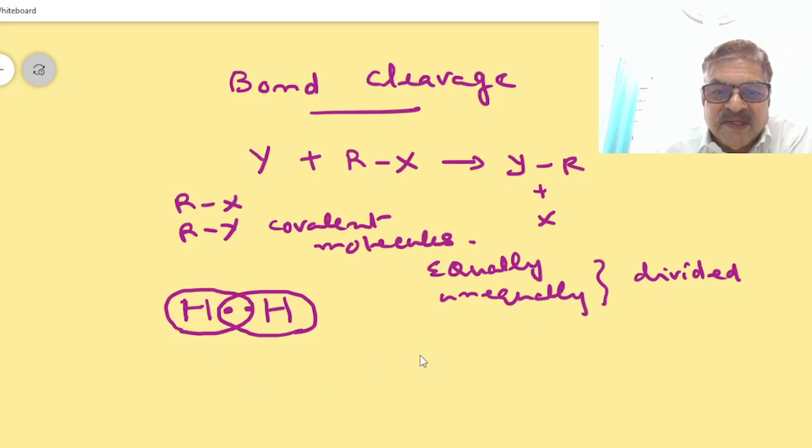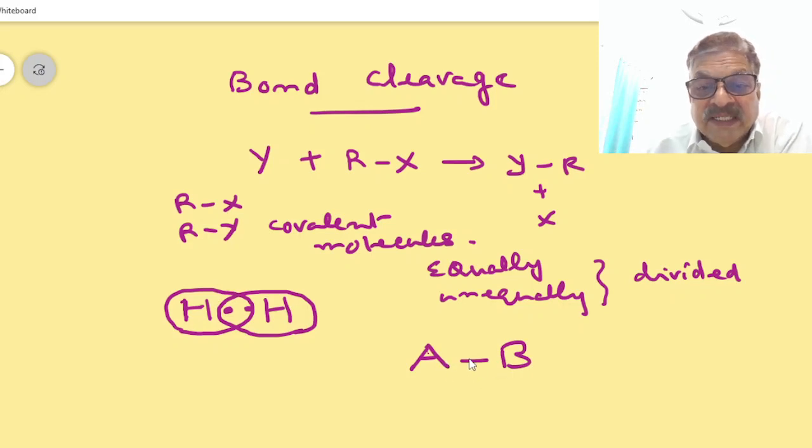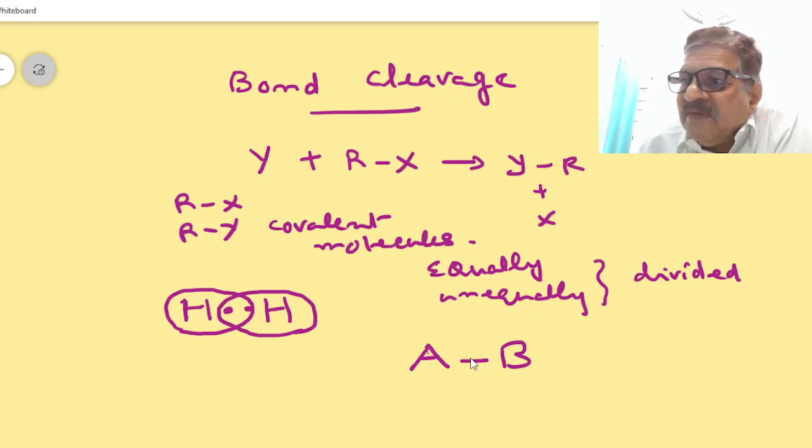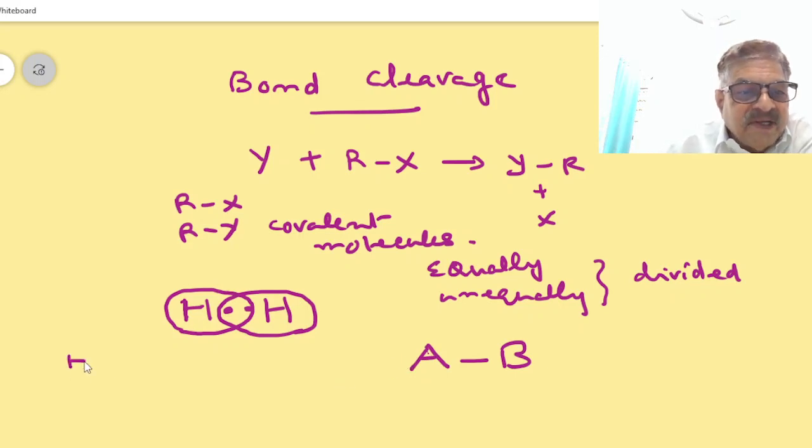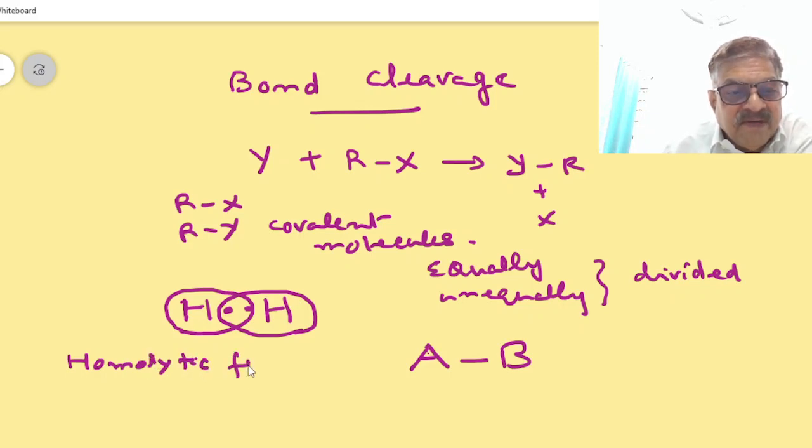Suppose we have a bond of this nature, A-B. It is a covalent bond, and this line indicates two electrons. Breaking a bond by equally dividing the electrons between the two atoms in the bond is known as homolytic fission, or cleavage, or simply homolysis.